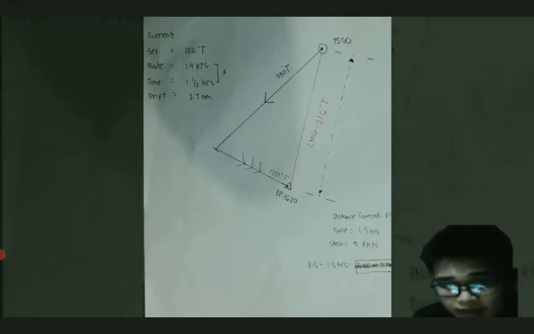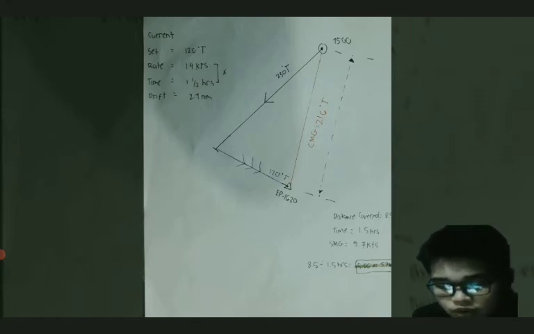Now from the triangle, we will join the 1500 position to the estimated position at 1630 hours. That will give us the course made good, as well as the speed made good in the last 1.5 hours. Now the course made good in this case becomes 216 true.